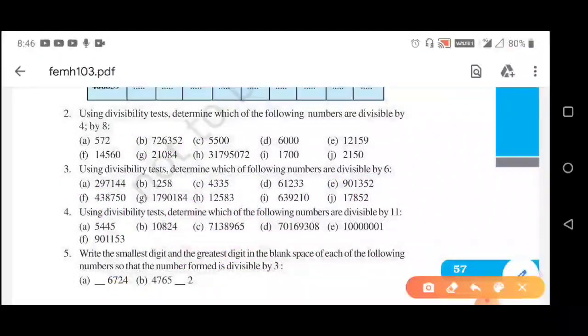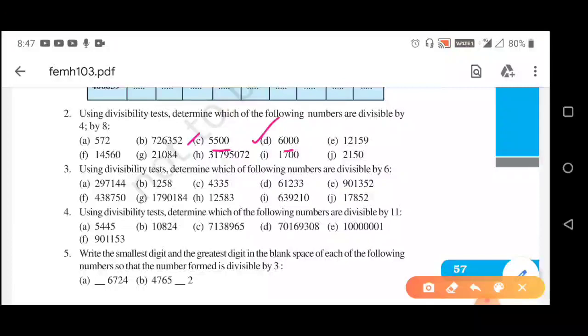Question number C, last three digits 500, that means 500. 500 is not divisible by 8, that means C is not divisible by 8. Question number D, last three digits are 000, that means it is divisible by 8, so the number 6000 is divisible by 8.